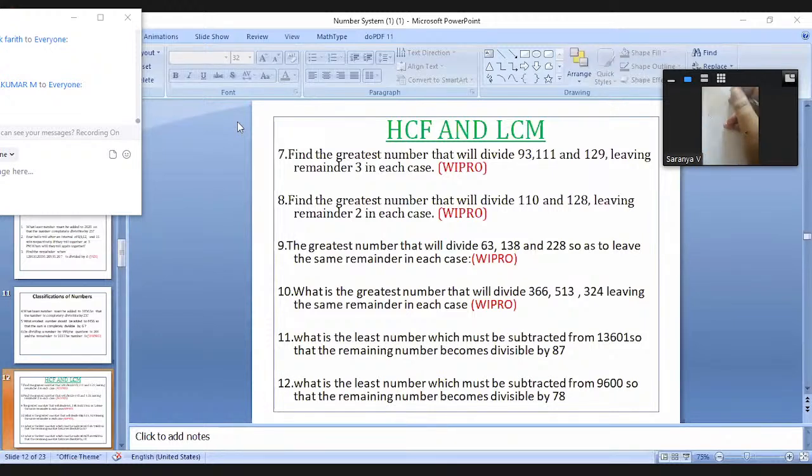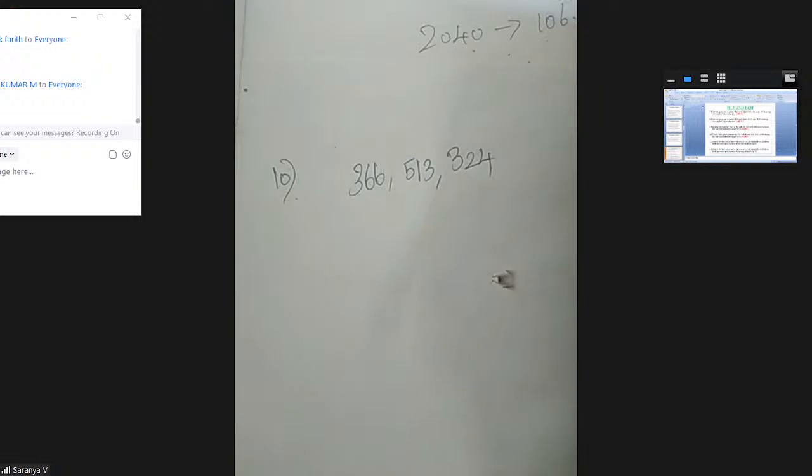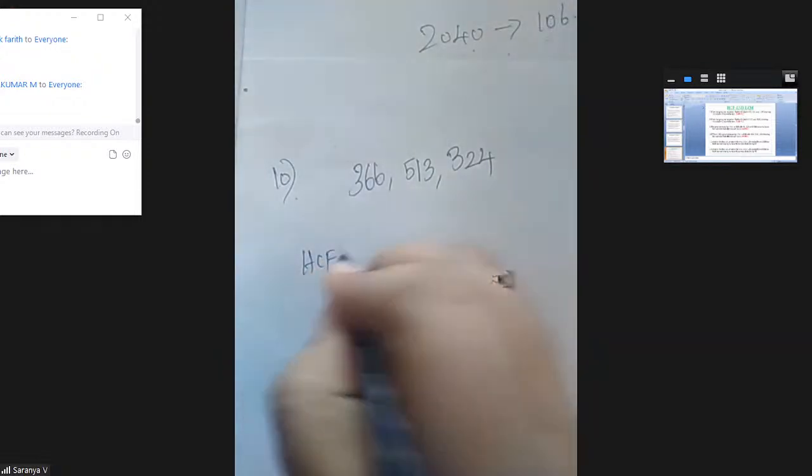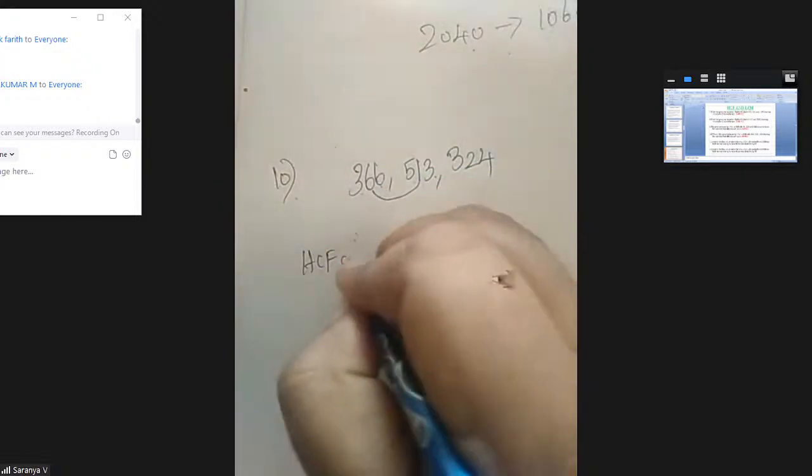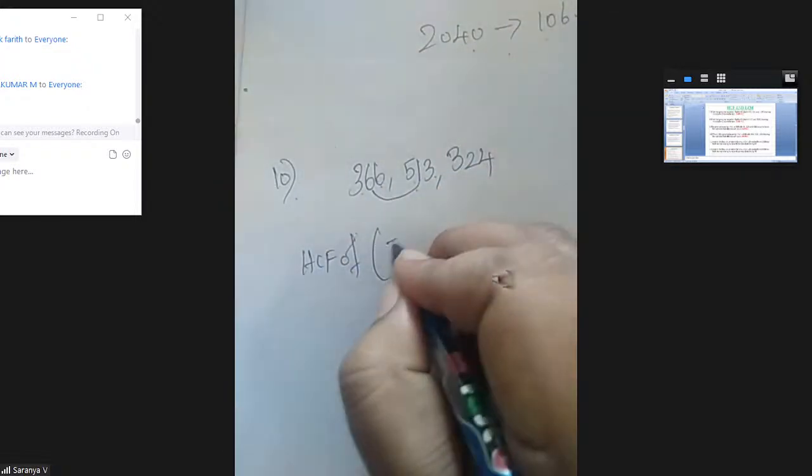As I said before, if the remainder is not given, find the combination of all the three numbers and find the HCF. So the numbers are 366, 513 and 324. Got it? The first combination is 513 minus 366, first write the bigger number.